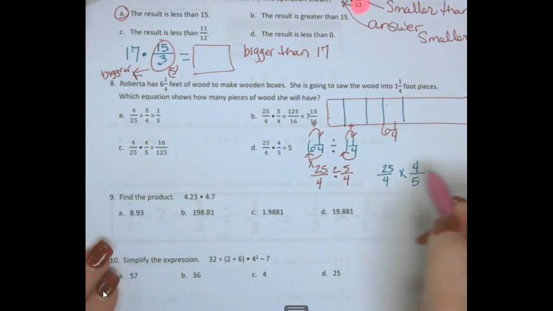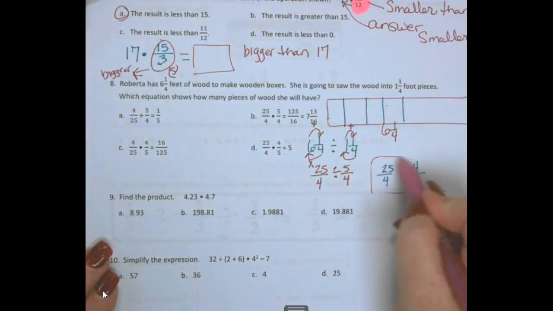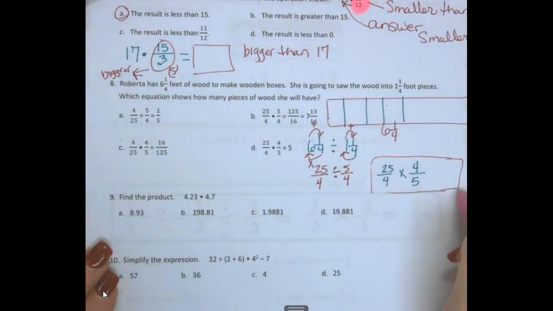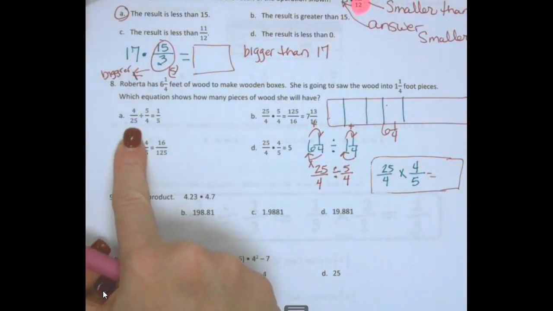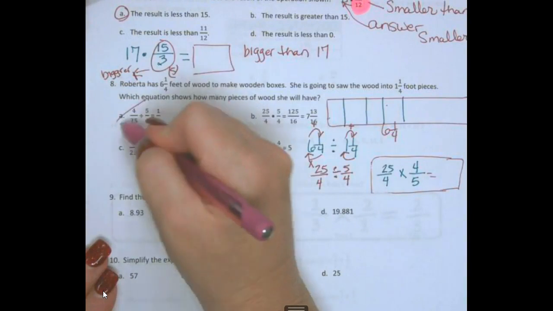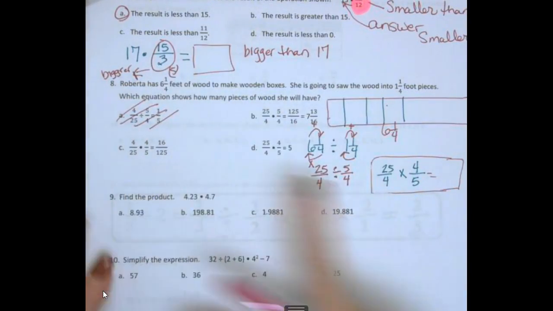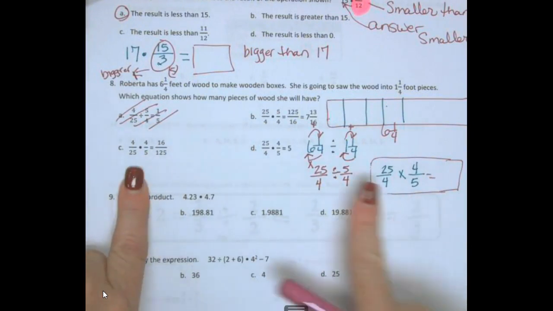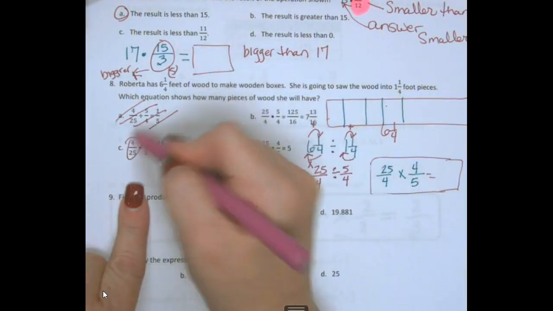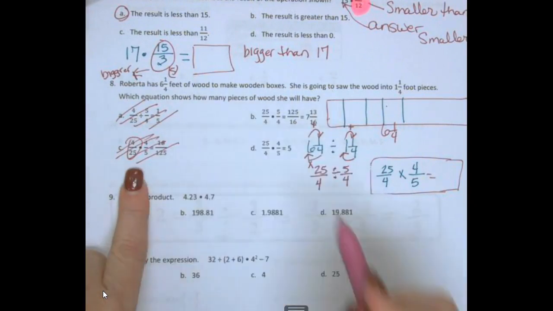So let's see. This is what I have so far. Does A match up? No, so we can get rid of that. Does B match up? No, this is wrong. They flipped the first one. I'm sorry, does C match up?